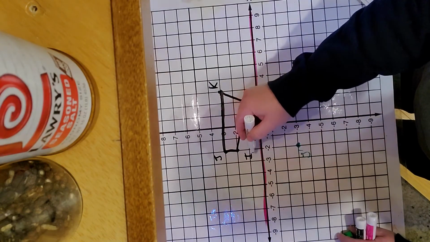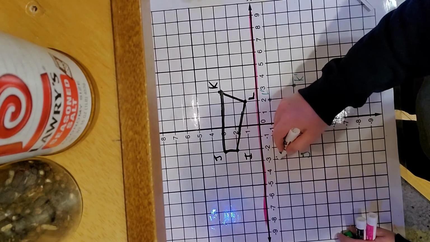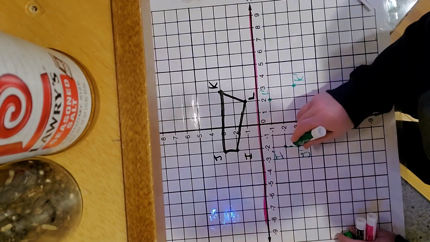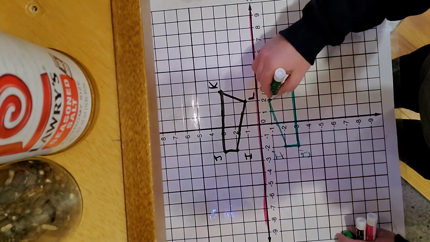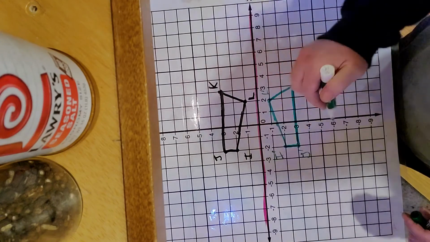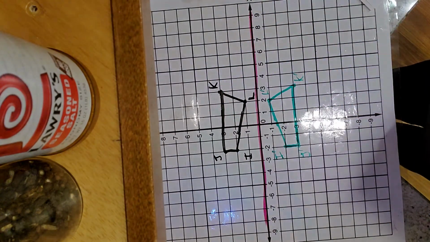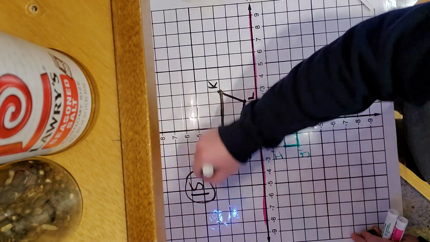And I is 1, 2 above. So 1, 2 below is the new I or I prime. Connect those back together. And there's the reflection of it. You can see they look like a mirror image of each other. Okay, so that's how you do a reflection, like on problem number 15.